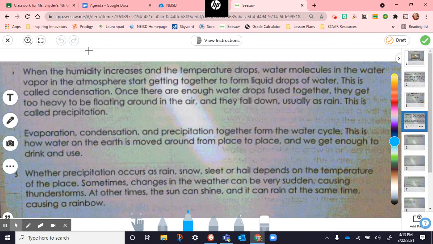Evaporation, condensation, and precipitation together form the water cycle. This is how water on the earth is moved around from place to place, and we get enough to drink and use. Whether precipitation occurs as rain, snow, sleet, or hail depends on the temperature of the place. Sometimes changes in the weather can be very sudden, causing thunderstorms, and at other times the sun can shine and it can rain at the same time, causing a rainbow.